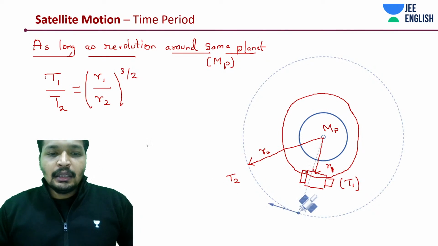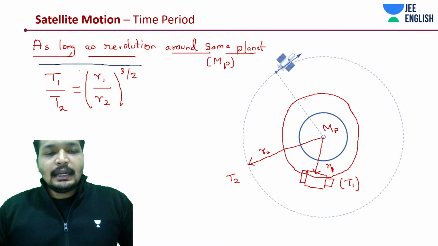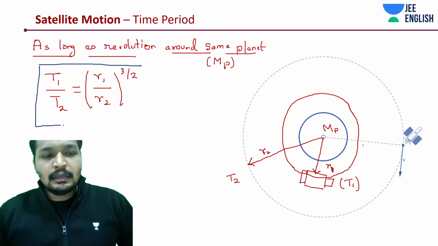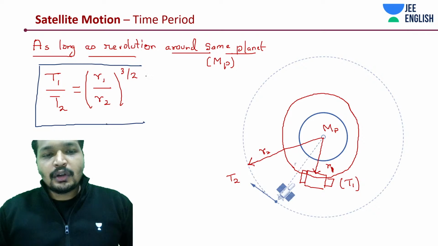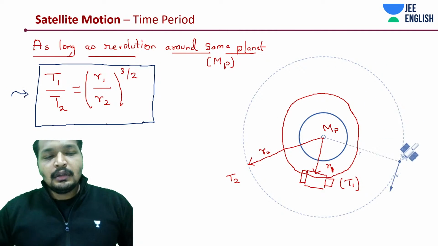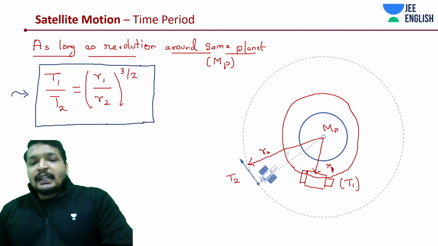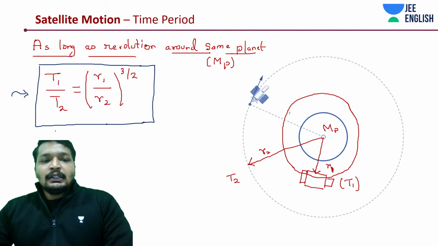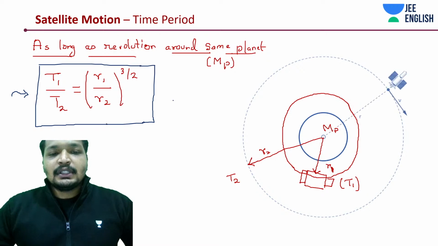And what is the other thing? This time period is dependent upon what are those two things? Okay, we don't have any more space, so let's write it down over here.